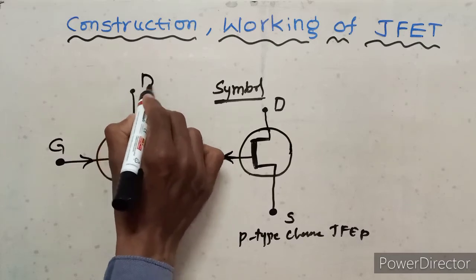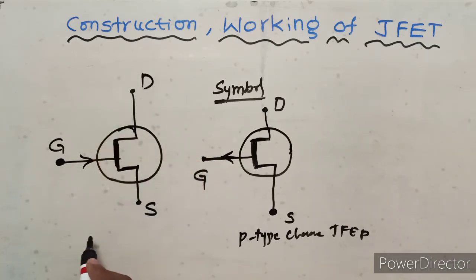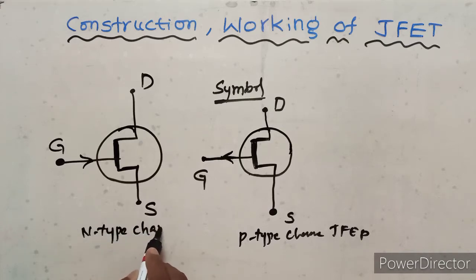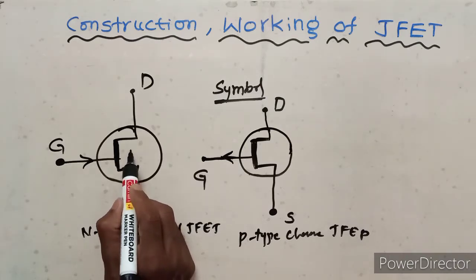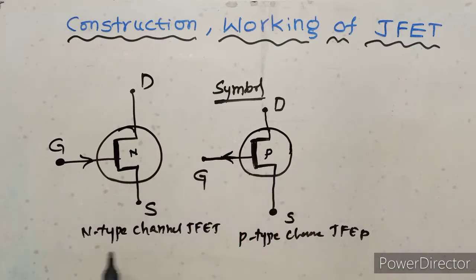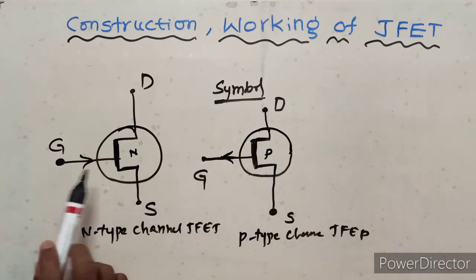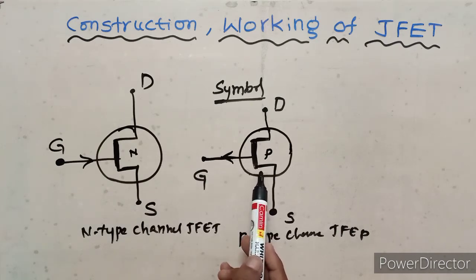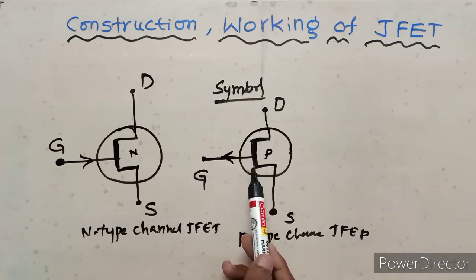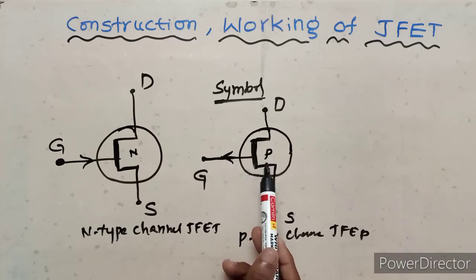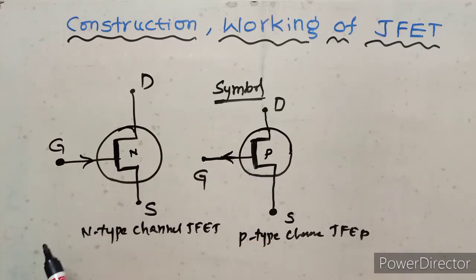Gate, drain, source. So the arrow mark is from P to N, towards N, for the N type channel JFET, and this is the P type channel.